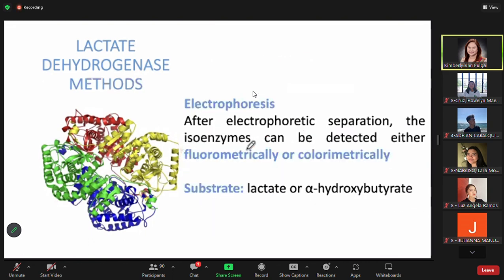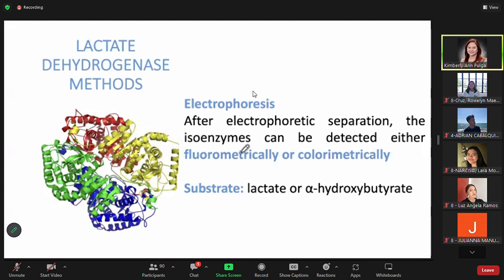Okay? So next now, your electrophoresis. So pwede natin gawin yung electrophoresis to see the different isoenzymes. Diba nga, we can differentiate them based on their physical properties, and one of this is your electrophoretic mobility. So, pwede natin silang makita or mag-detect. So, separate, no? And they can be detected either fluorometrically or colorimetrically.